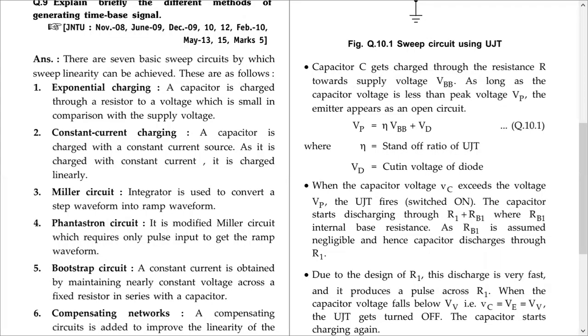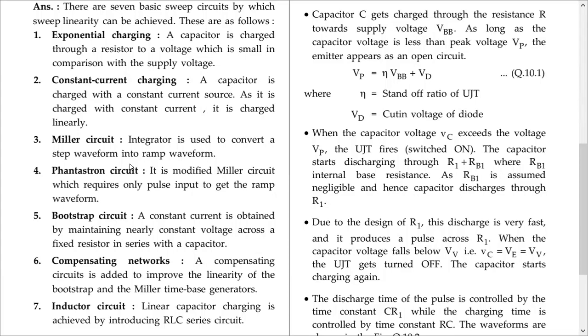In that manner, we can generate a time-based signal, which is actually a ramp signal. A modified version of this is the Miller circuit, where instead of the step input we give a pulse input, which is called the Fantastron circuit.